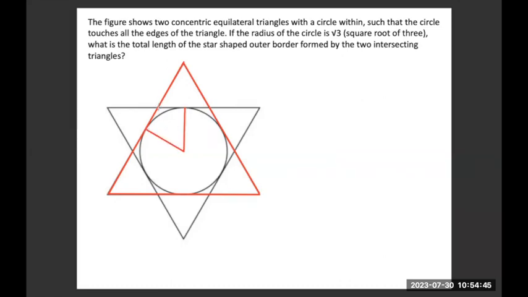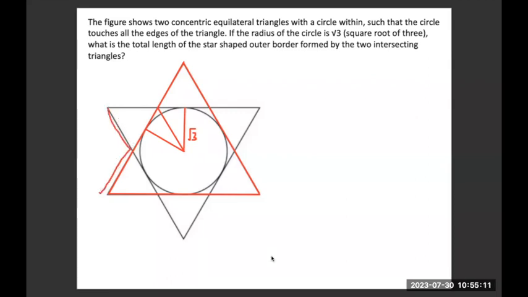The radius of that circle is √3. All the lines drawn here have the value √3. What you have to find is the total length of the star-shaped outer border formed by the two intersecting triangles.